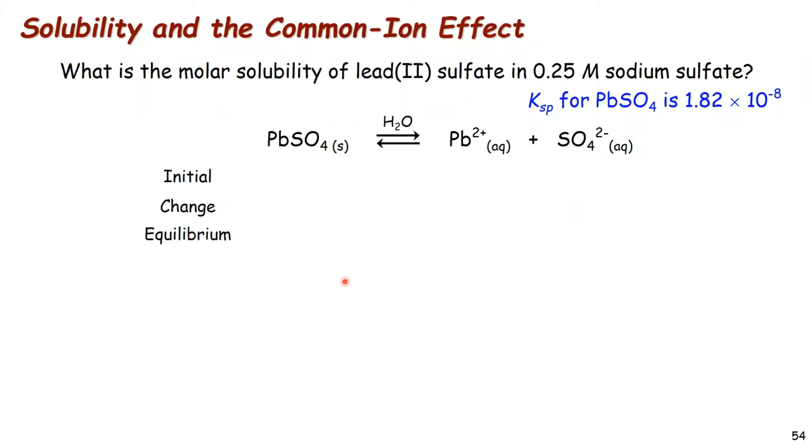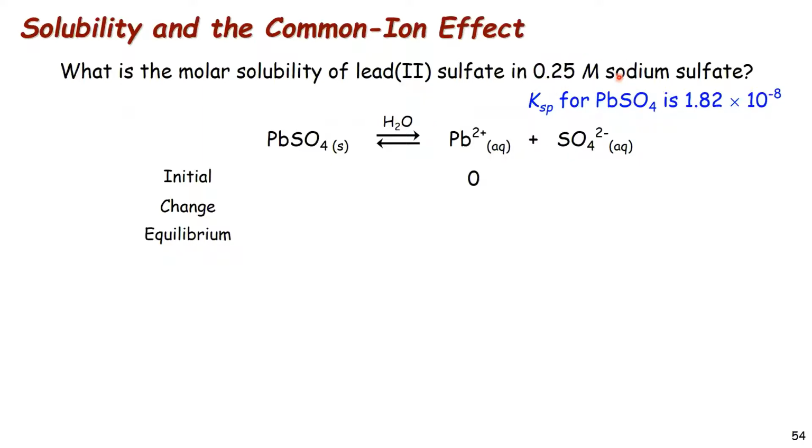Again, we're not starting off with pure water this time, right? What would be the initial concentration of the lead? Zero. There was no indication that any lead was there. But what is the initial concentration of the sulfate? It'd be equal to the initial concentration of the sodium sulfate.